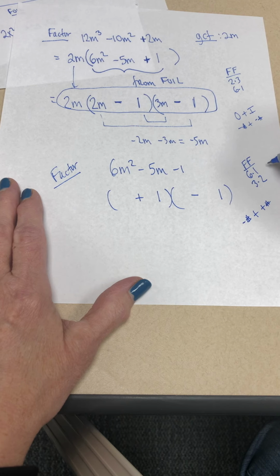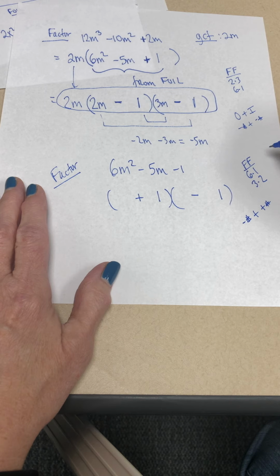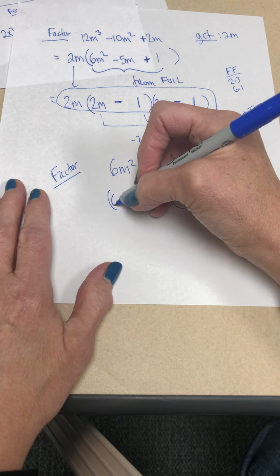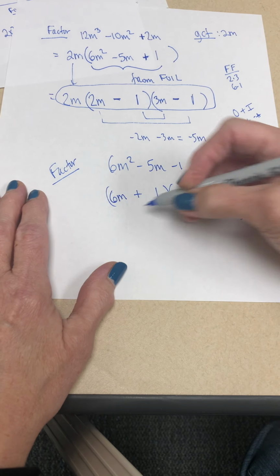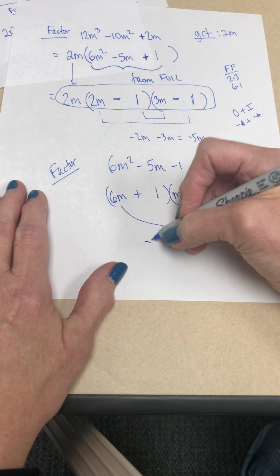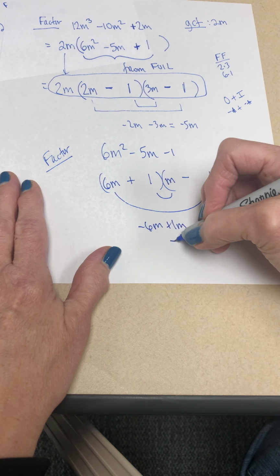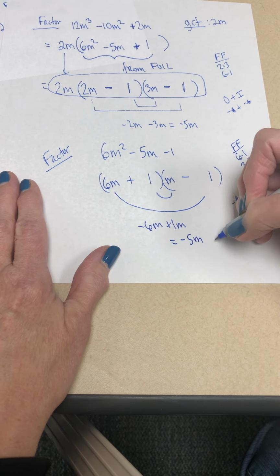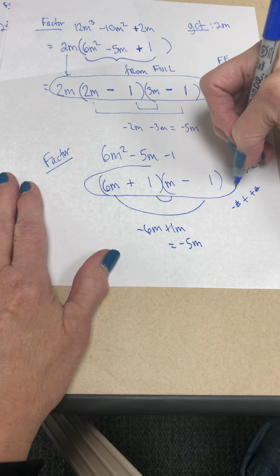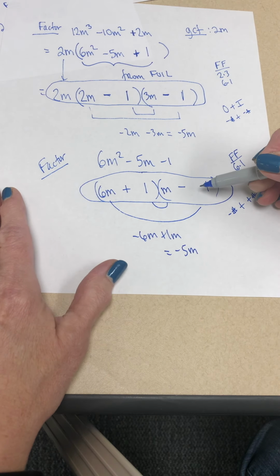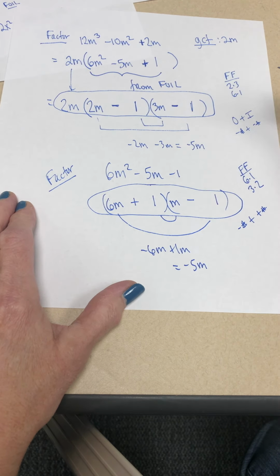And I need the 6 to be negative. So if I put the 6m here and the 1m there, outer is minus 6m, inner is plus 1m, adds up to negative 5m for the middle term. That's what I wanted. So here's the correct factorization. So notice how that one little sign change changed the factors quite a bit. All right.